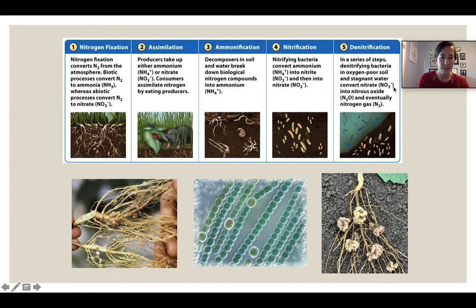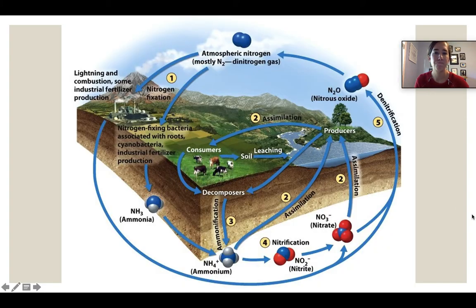That nitrate, that biologically usable form, is being converted into nitrous oxide. That nitrous oxide eventually turns into nitrogen gas, and that's how it gets back up into our atmosphere, through denitrification. So this is the step that returns it to the atmosphere. All of these are constantly going back and forth, keeping that nitrogen usable for living things.